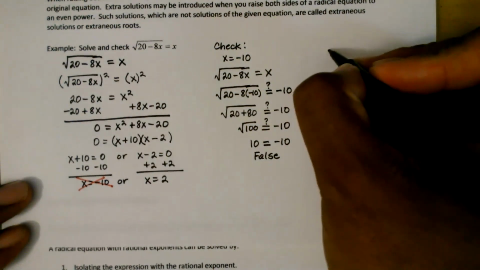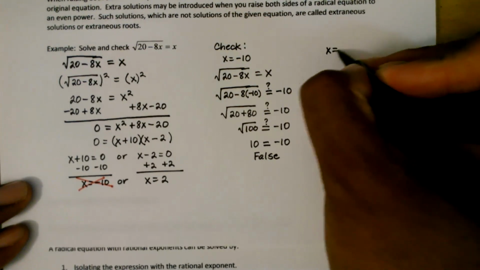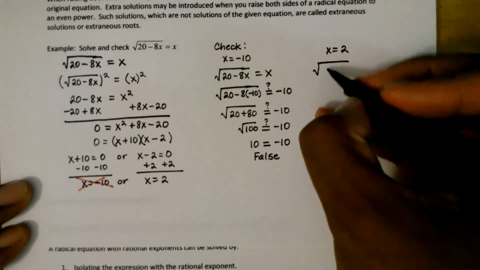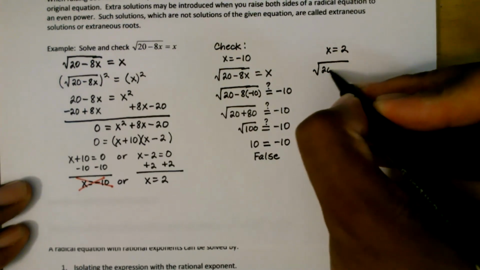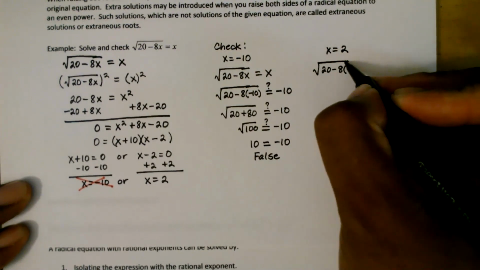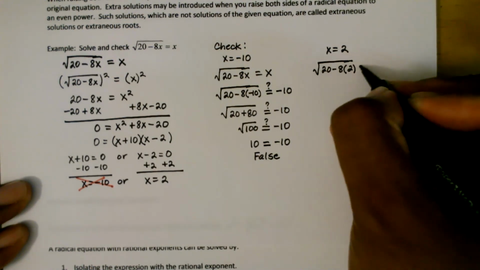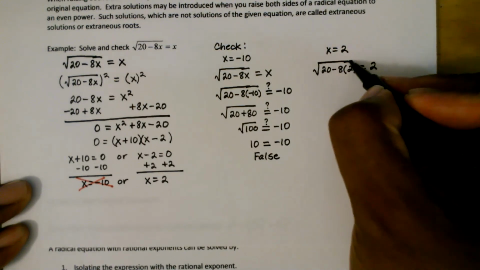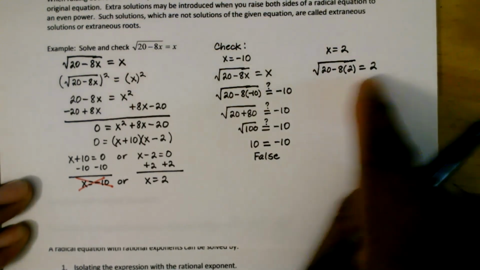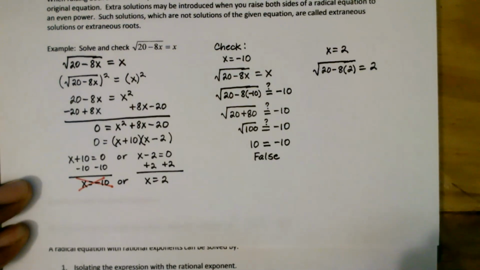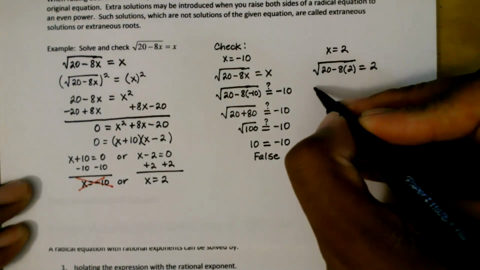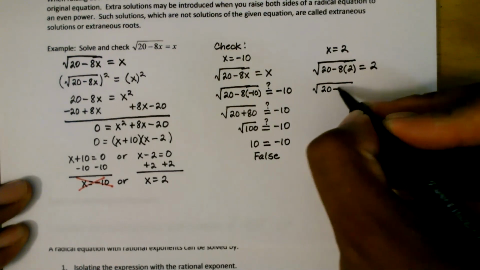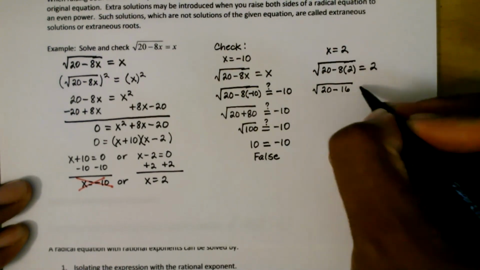Okay, and now for x is equal to 2, that means I have to do the square root of 20 minus 8 times x, which is 2, equal to x, which is also going to be 2. I'm just substituting 2 in for x in the original equation. And then I'm going to simplify the left-hand side. This will be the square root of 20 minus 8 times 2, that's 16.